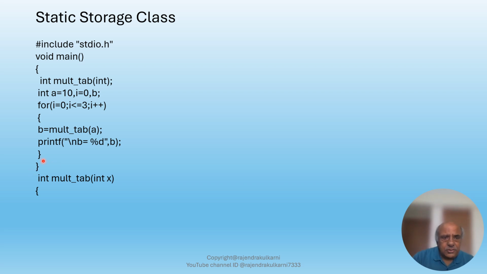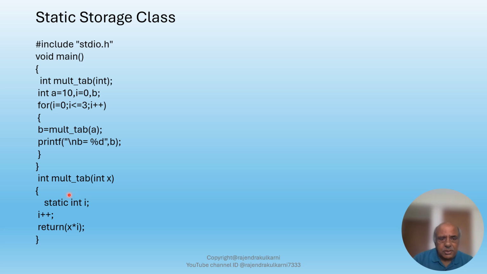So main ends here, and this is the function definition int mult_tab(int x). Now here we have declared an int i variable as static. A static variable is a special type of variable, the life of which is up to the termination of the main program.